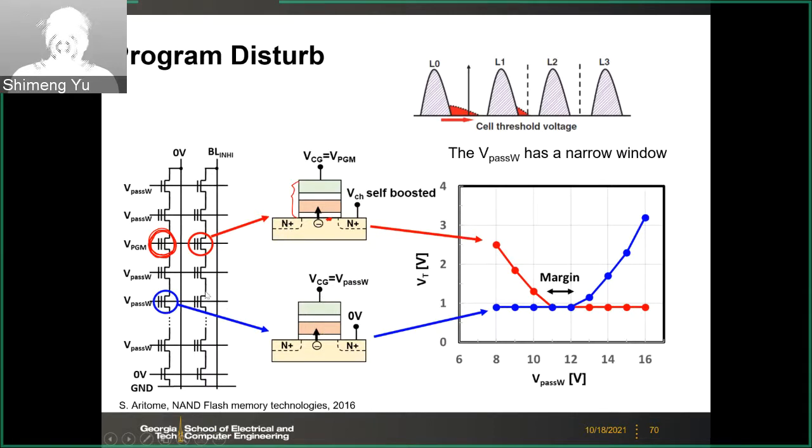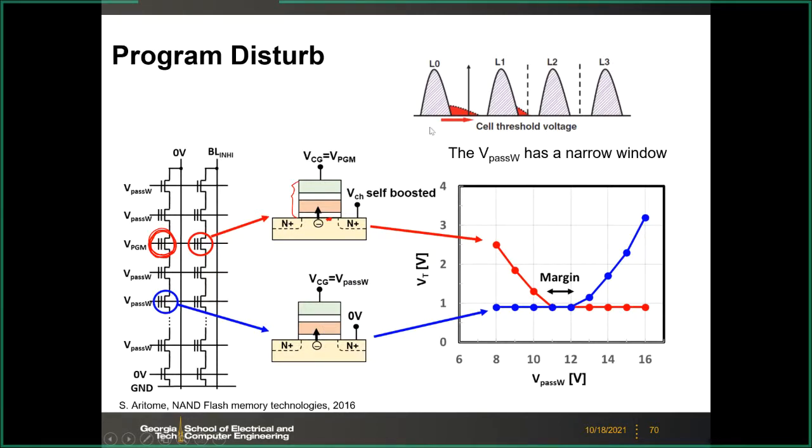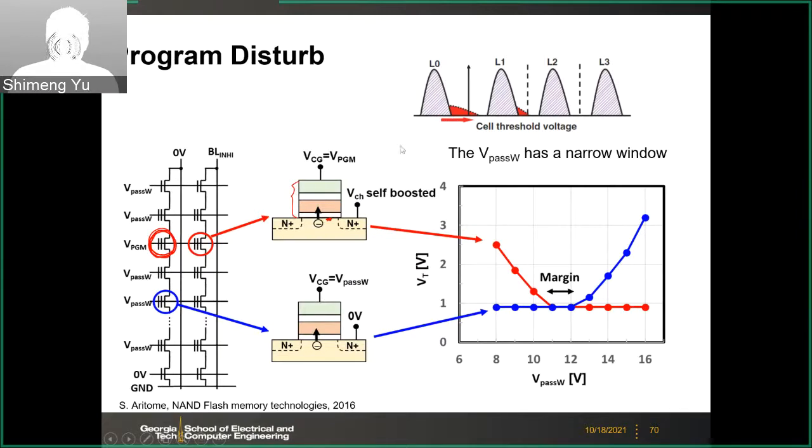So still the other cells along the same column will be under this disturb. So here, for both cases, the VTH threshold voltage for those cells under disturb may increase.